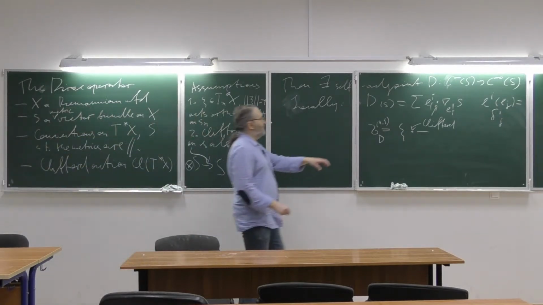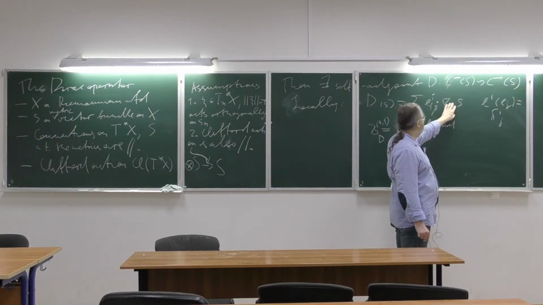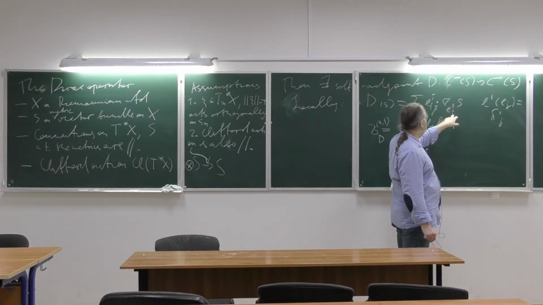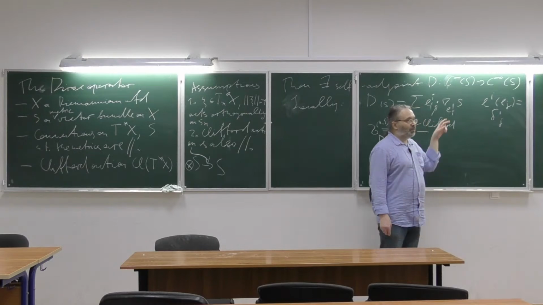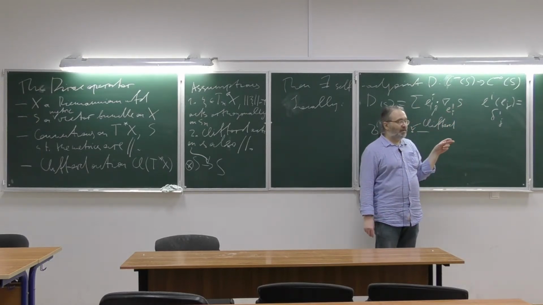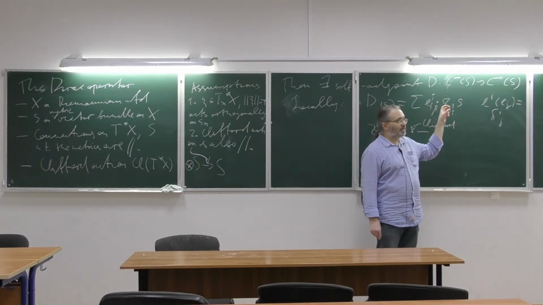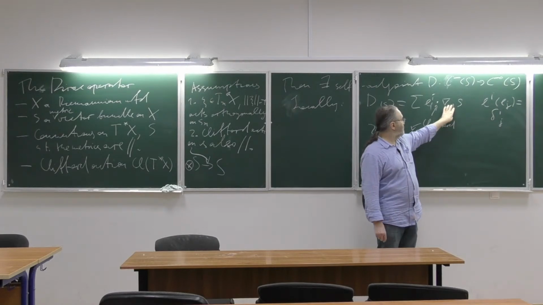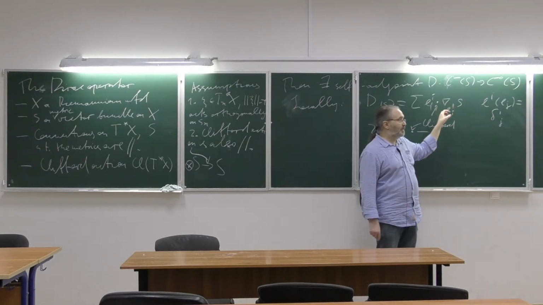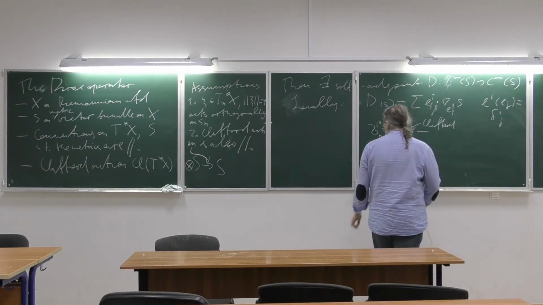It would be if there weren't an e_i here, and when I write e_i, this means I take the cotangent component of the nabla without the e_i, and then apply it to e_i. Basically, what do we have?